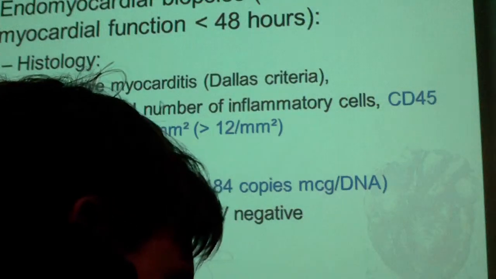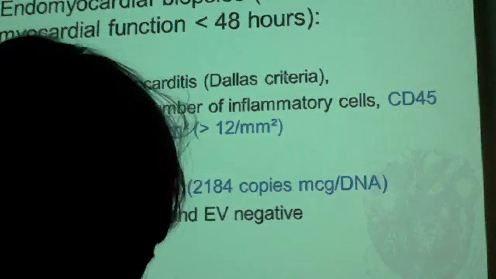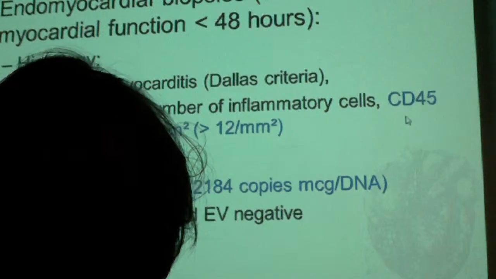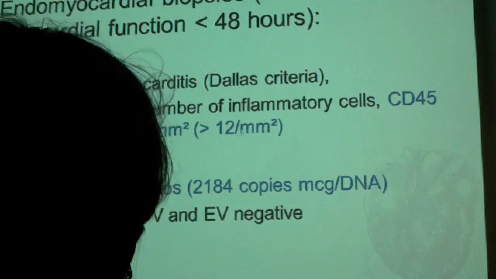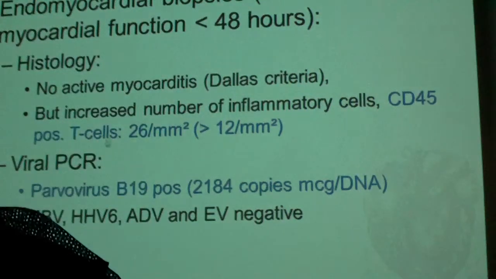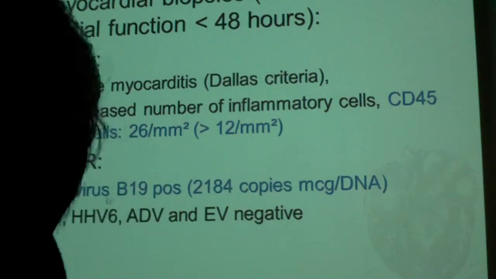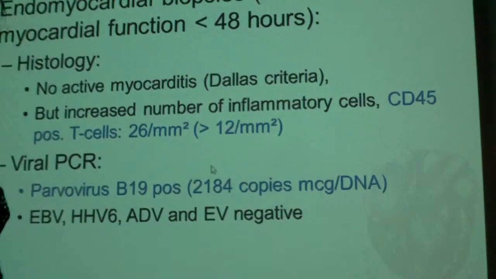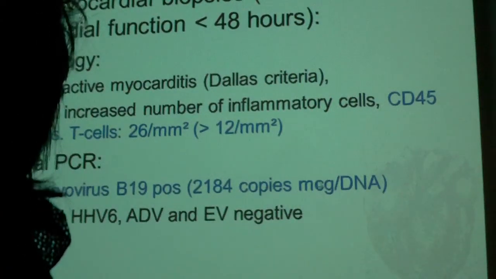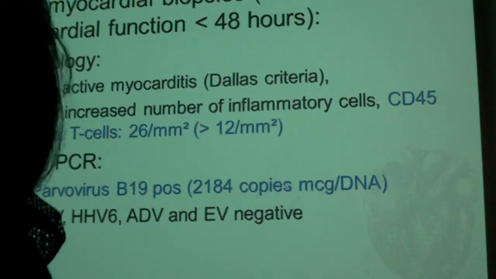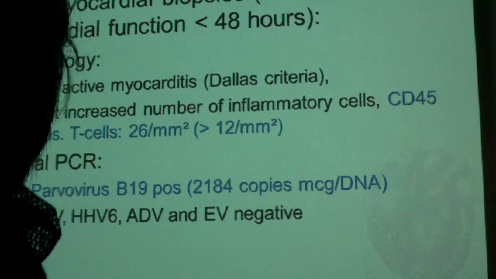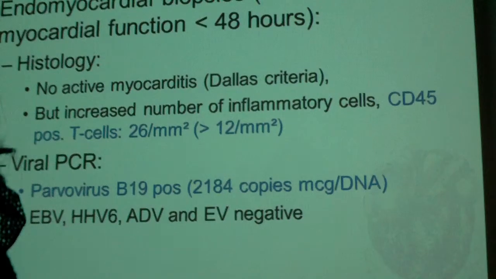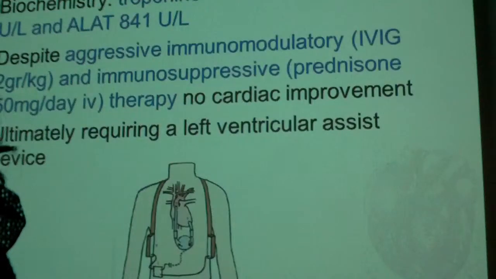We had no inflammation at that time by the classic Dallas criteria, but she did have increased CD45 cells, which is more than 14, more than 12 in this case, which was 26. And she also had a very high parvovirus B19 load in the heart. So at this point, we said the trigger was probably the parvovirus. And then she had an extreme immune response to that virus, and that way she had her heart failure.